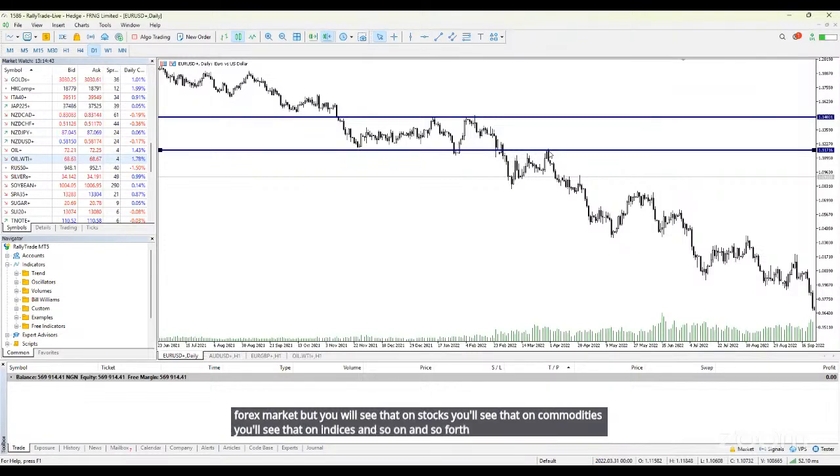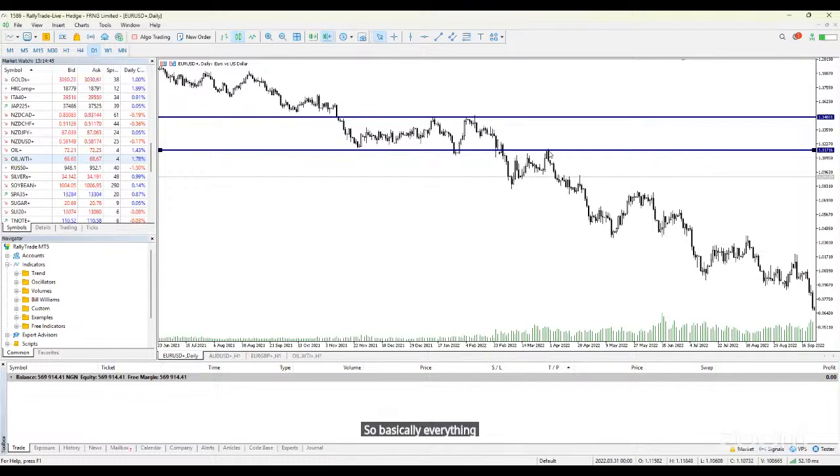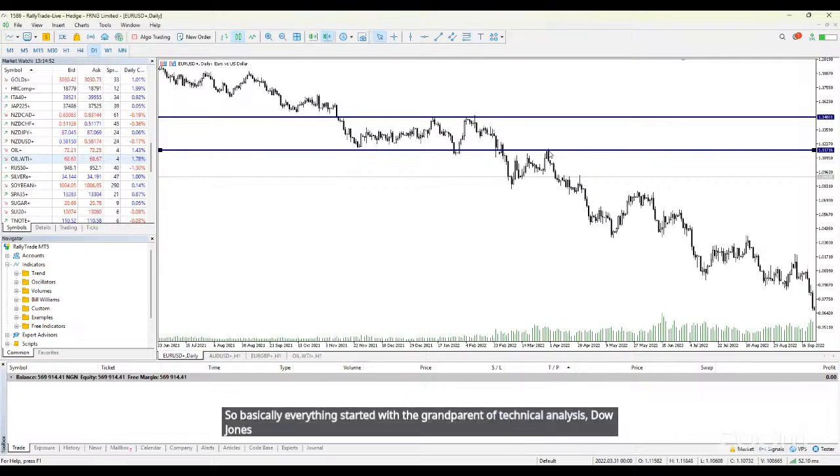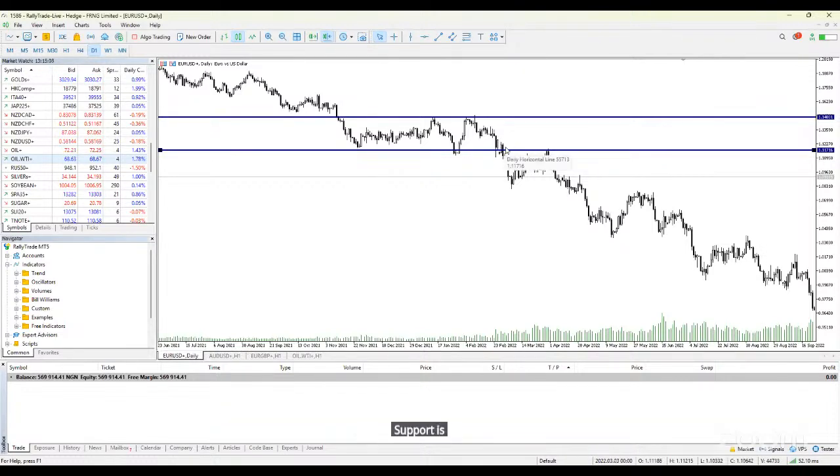So basically, everything started with the grandparent of technical analysis, Dow Jones, back in the 1800s, close to 1900s. So he actually saw the struggle and the psychological involvement when it comes to different levels on the market. Support is basically where buyers are stronger, while resistance is basically when sellers are stronger.